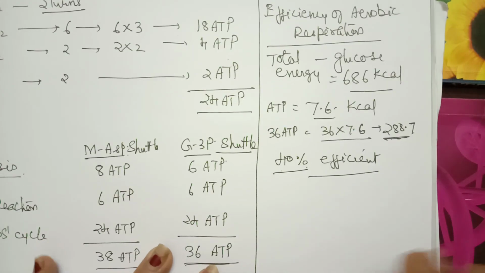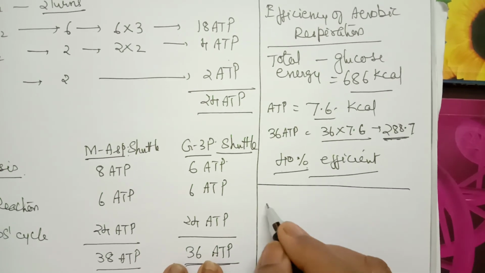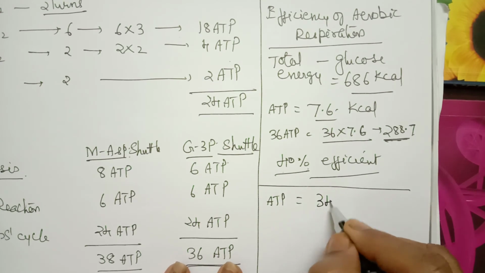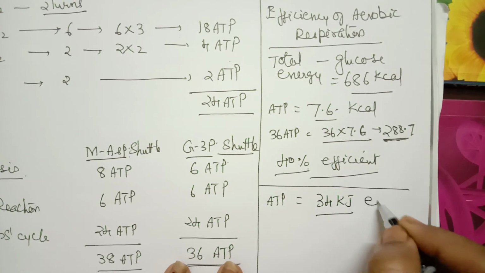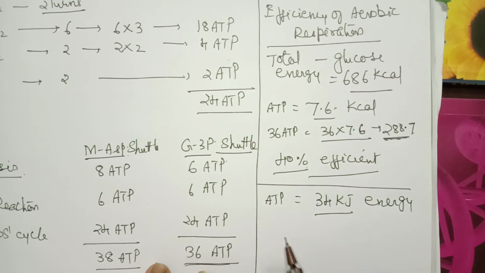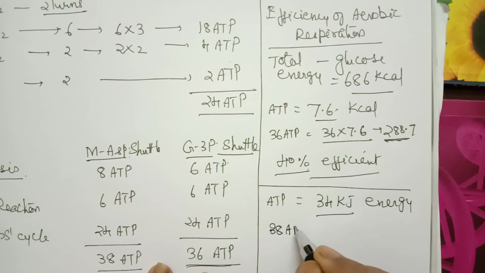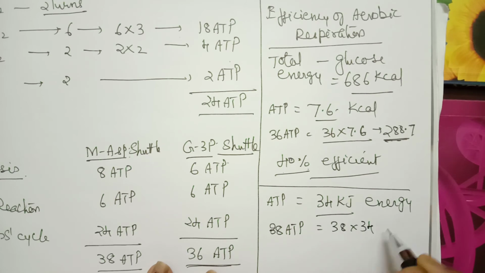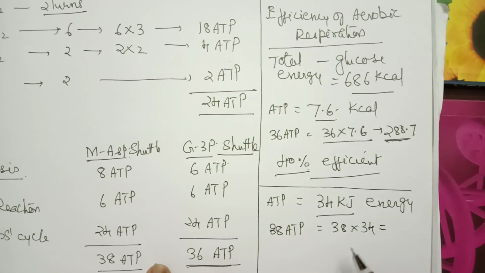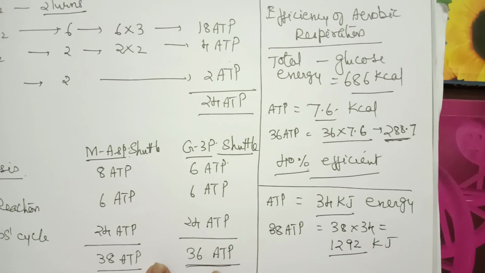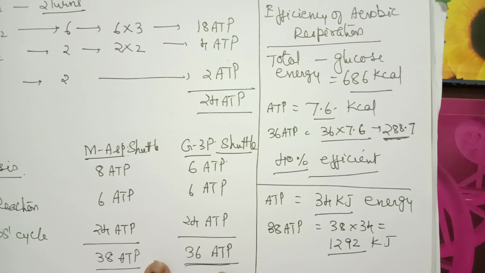Another calculation: 1 ATP is equal to about 34 kilojoules of energy. Suppose we take 38 ATP molecules. You multiply 38 into 34. This gives around 1292 kilojoules of energy.